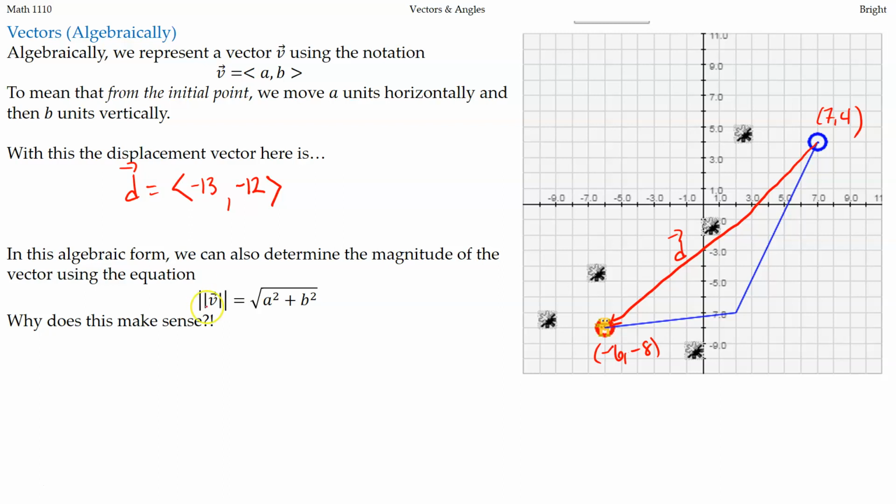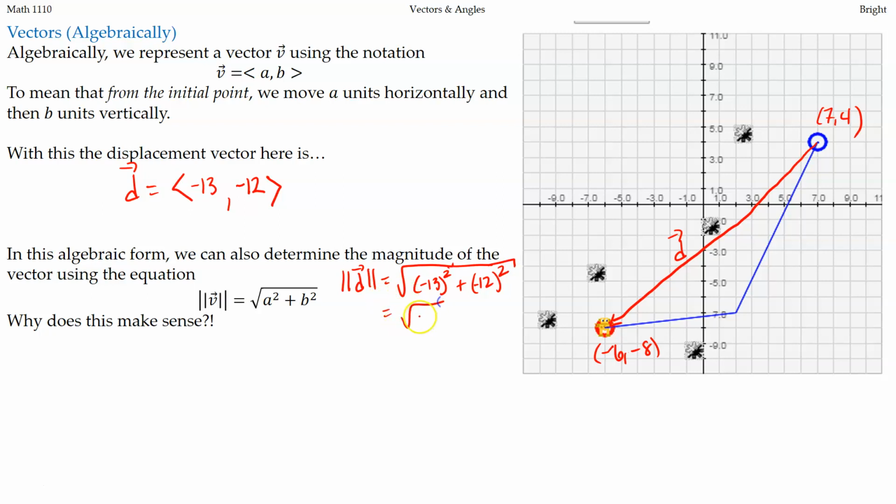We represent the magnitude with a double absolute value sign around it, called the norm, and it is simply the square root of a squared plus b squared. If we do that here, the magnitude of vector D is the square root of (-13) squared plus (-12) squared.